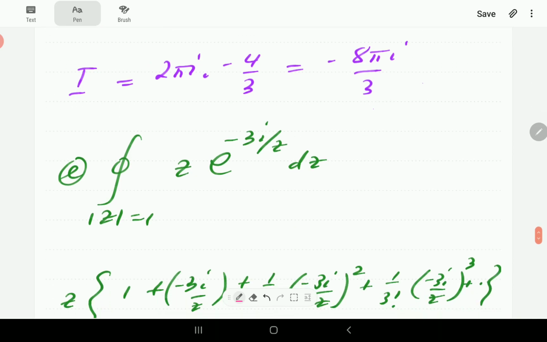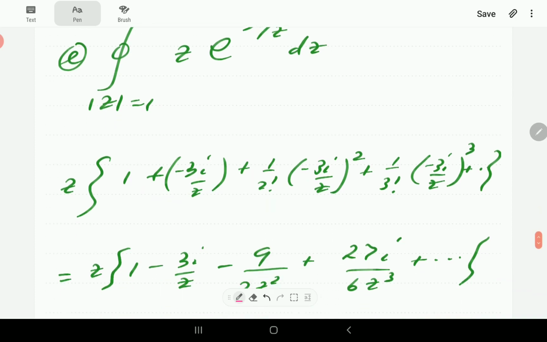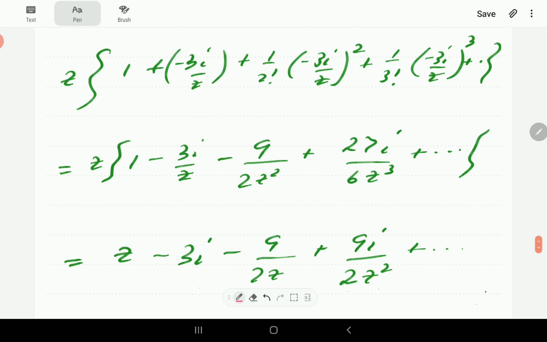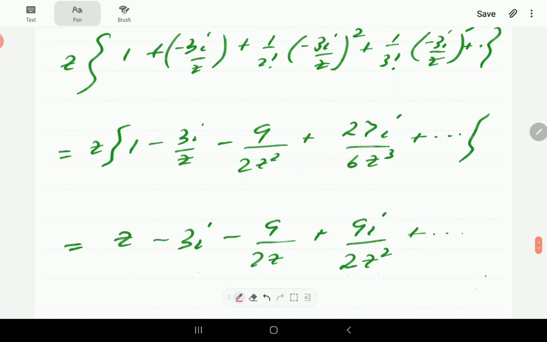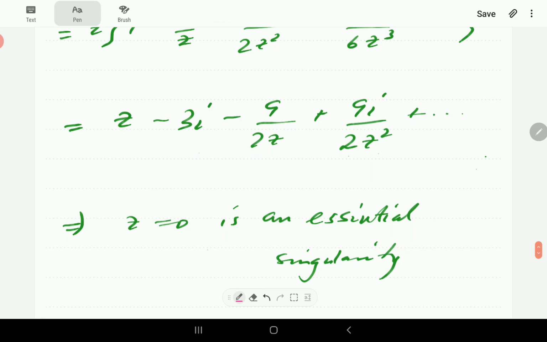This one again is singular at z equals 0. We appeal to the Laurent series, and we find that it is a pole of infinite order, because the negative powers, you can see, are going to go on infinitely here.